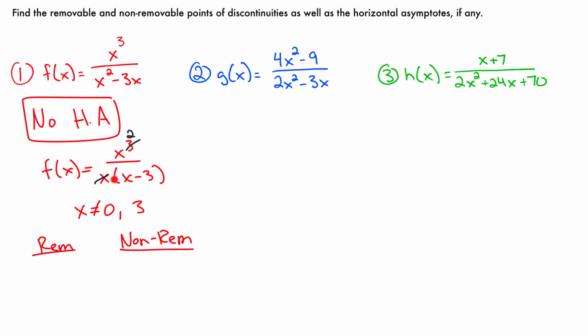The x got removed from the denominator completely, therefore the discontinuity that came from it is going to be a removable discontinuity. And then the discontinuity that came from the part of the denominator that did not get removed is non-removable. It would be a vertical asymptote.